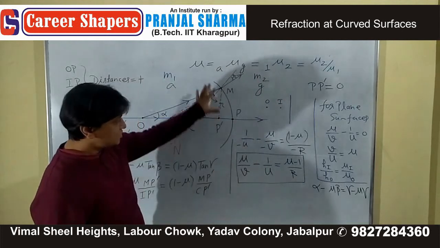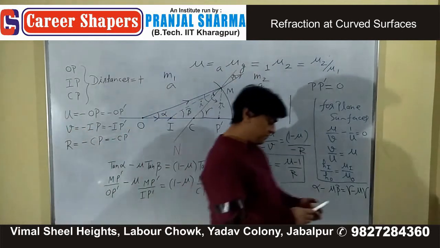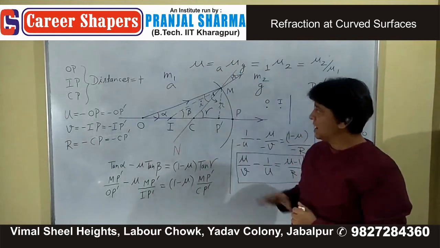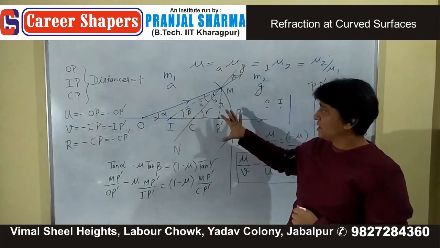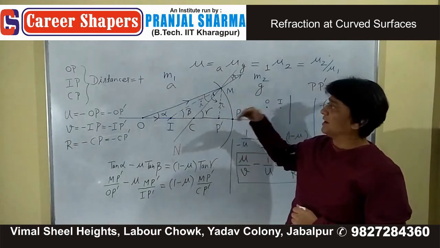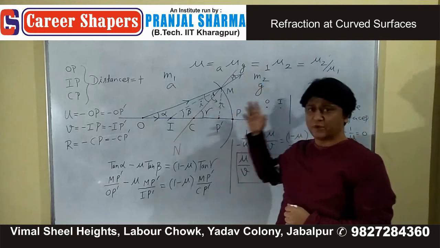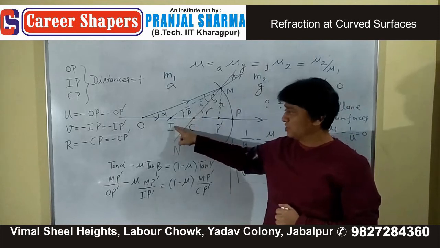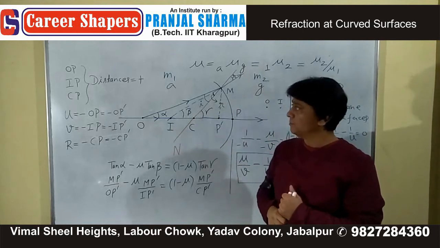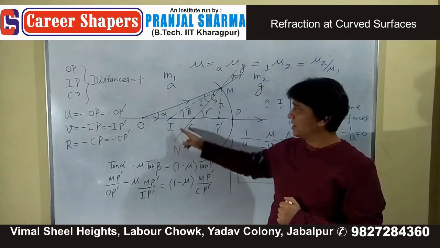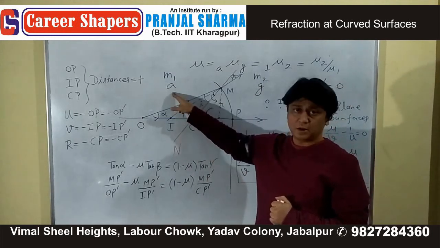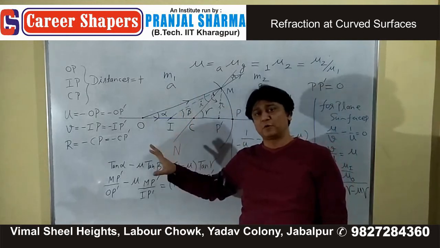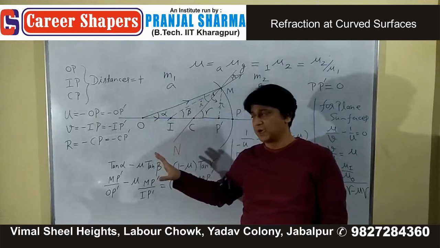Now, in this whole part, if I ask you what type of image do you see, real or virtual, at least for this figure. For a different figure, this image can form somewhere else, but for this given figure, if I ask you in which medium the image is, many a times you will say that image is in air. No. Same concept of image formation is still present.